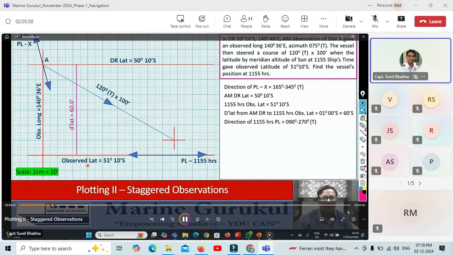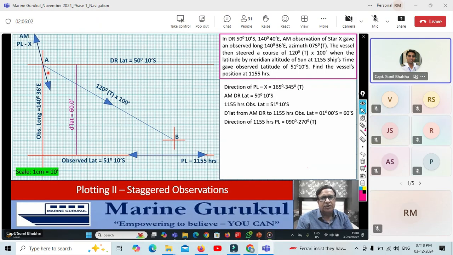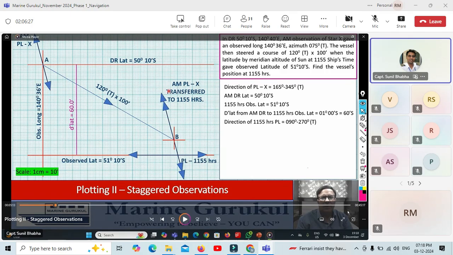And this takes us to point B. That means because of the ship steaming from morning side to 11:55, point A on the first PL gets transferred to point B. That means if I have to transfer this morning PL, which is in the direction of 165 to 345, it can be drawn through B, and we get this 11:55 transferred PL, which is the morning PL transferred to 11:55.